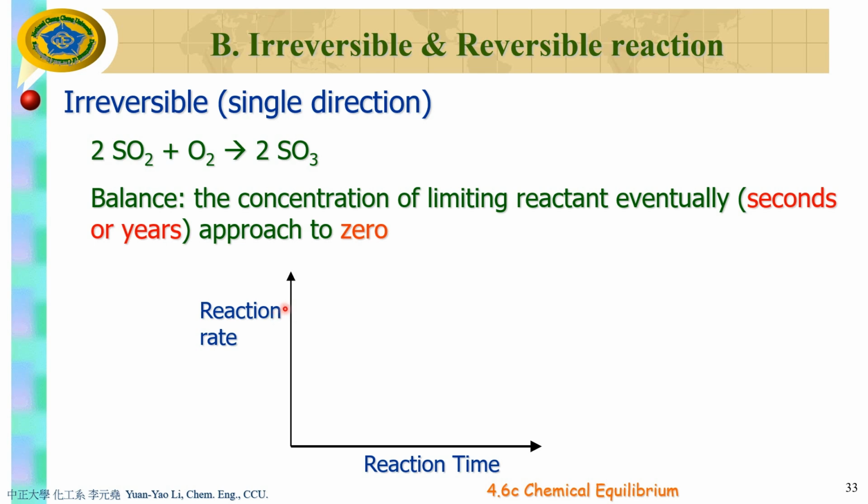The reaction rate will be very high in the very beginning, and then it will go to zero in the very end. Why? Because it always goes in this direction, and eventually you will only have this chemical. So the reaction rate decreases all the time and eventually reaches zero.